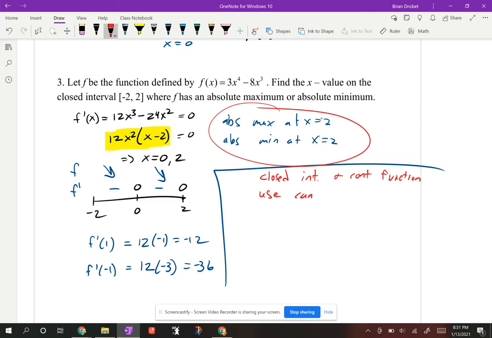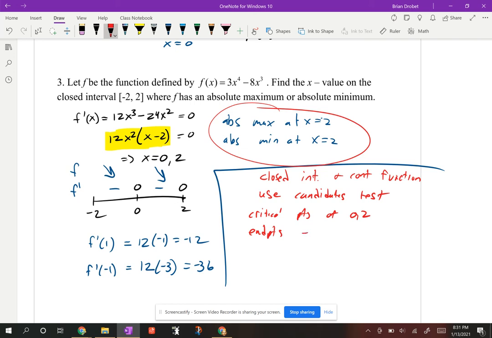You can use what's known as a candidates test. And what a candidates test means is you find your critical points. So we know we have critical points of 0 and 2. You take your endpoints, and this is much like what we did when we first introduced maximums and minimums.